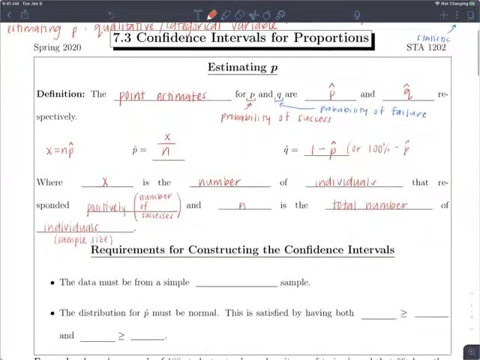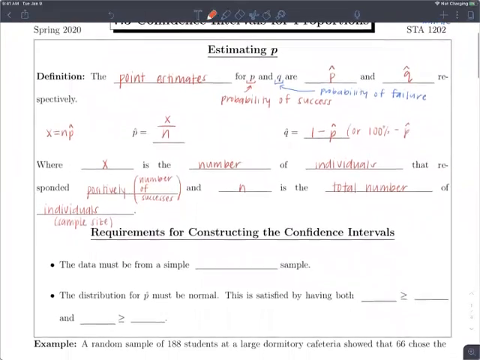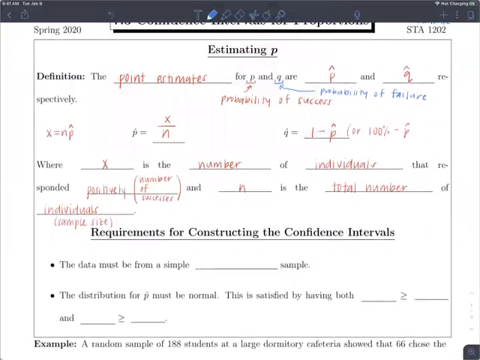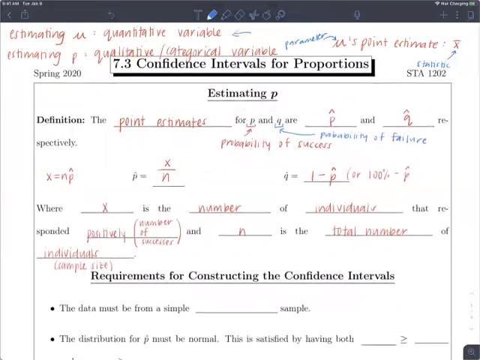Okay, any questions so far? So if I relate this back to 7.2, last time we were estimating mu. Here, I'll use the highlighter. Last time we were estimating mu and we were using the point estimate of X bar. The only difference this time is that we're estimating P with a point estimate of P hat.